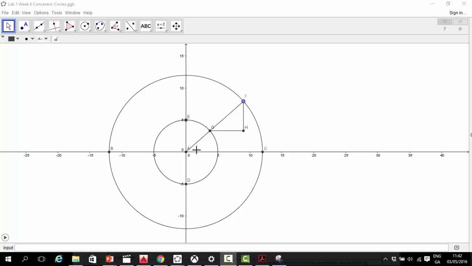So in manual drafting we would usually use a 60, 30 degree set square to draw lines out here at 30 degrees and 60 degrees in each quarter, but in this case I've just drawn any line at any angle, and I've drawn it from the centre out through the minor auxiliary circle to the major auxiliary circle.